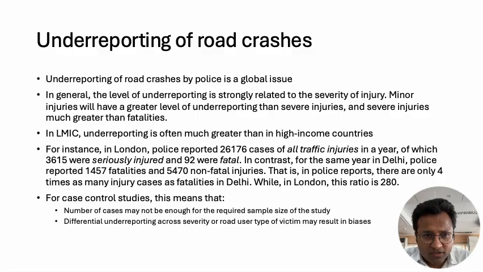Of those 26,000, about 3,600 were seriously injured, and 92 were fatal. So notice the relative ratios here. There are about 92 fatal, and more than 35 times that number is seriously injured, and about 260 times that number is all kinds of injuries.